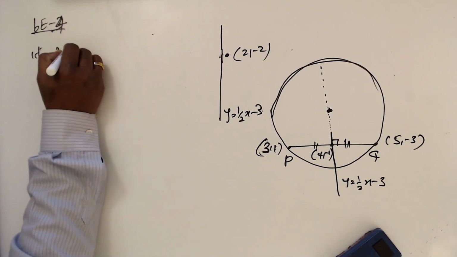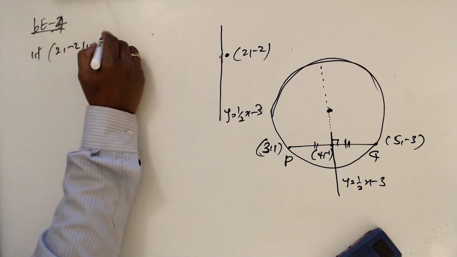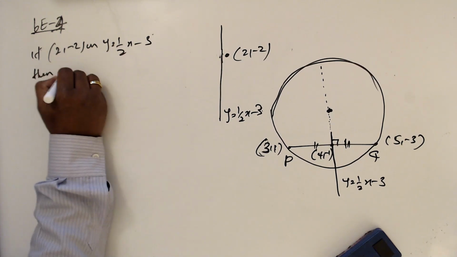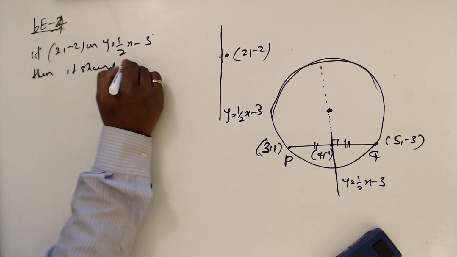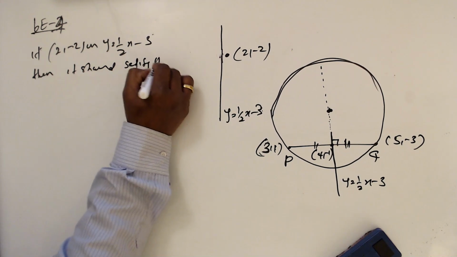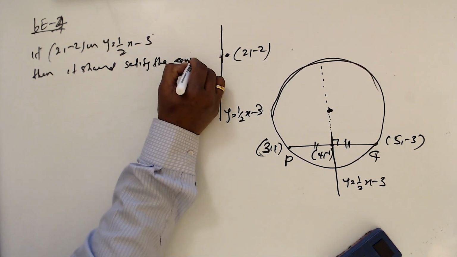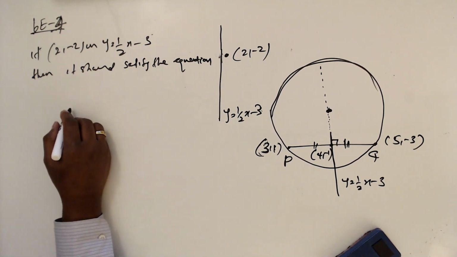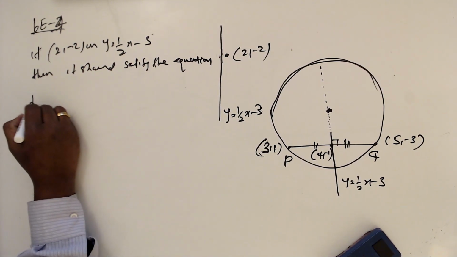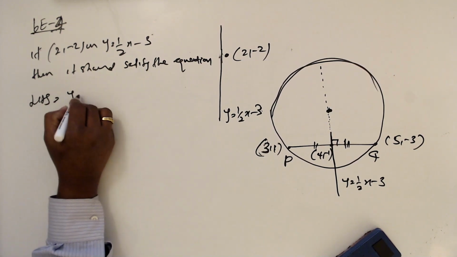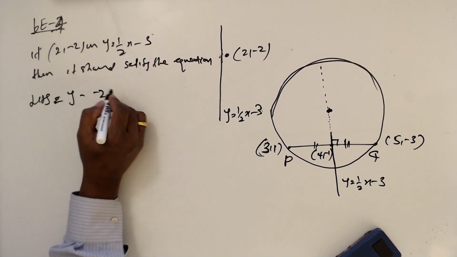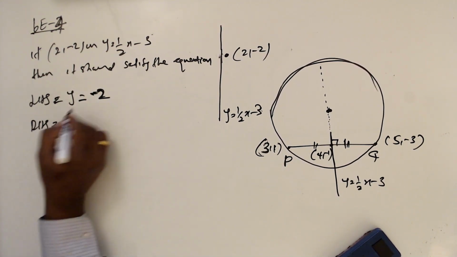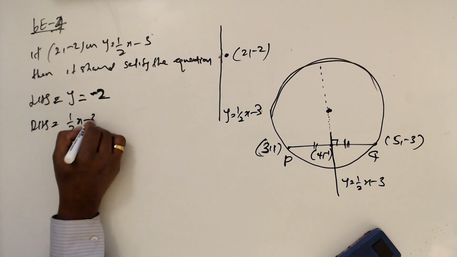LHS equals y. What is the y value? -2. The right hand side is half x of the equation.